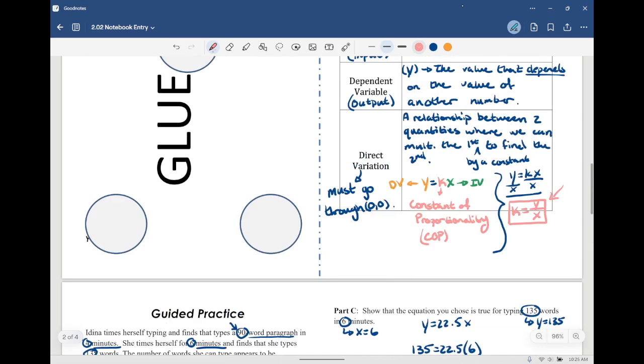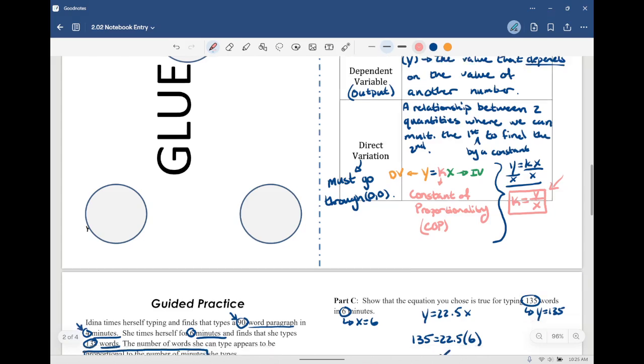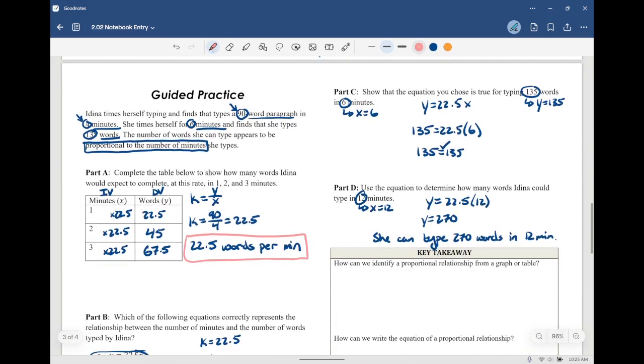They need to be the adjoining one, so it needs to be like a coordinate. However, when I do that, I get what's called the constant of proportionality. And so that's the thing that I can multiply any x value by to always find the y value. In this case, we had 90 and 4. Simply just threw it in the calculator. 90 divided by 4 gets us to 22.5. That 22.5 means that k was equal to 22.5. This is what we use for every other part of this. Good question. Any others?